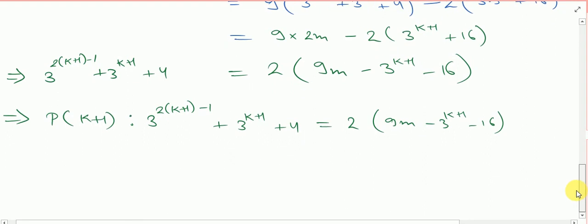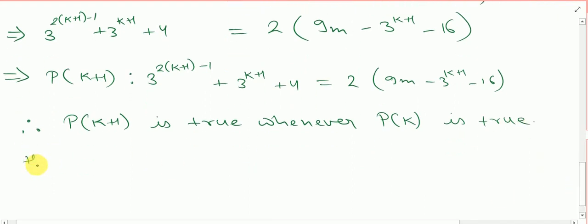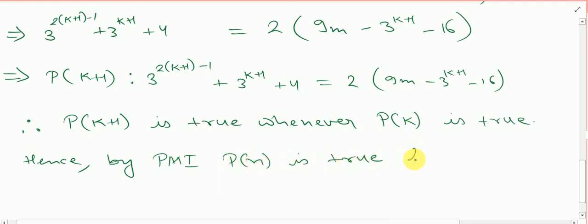Okay, so you can write, therefore, Pk plus 1 is true whenever Pk is true. Okay, hence by the principle of mathematical induction, Pn is true for all n belonging to natural numbers. This is done.